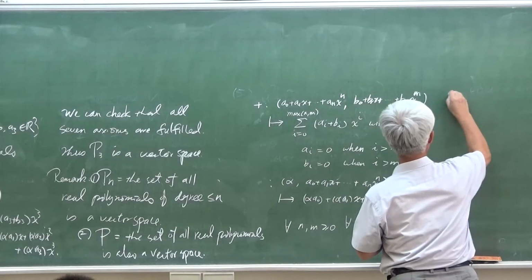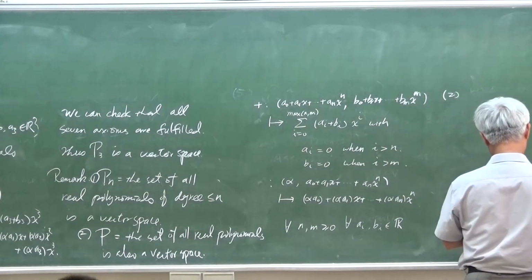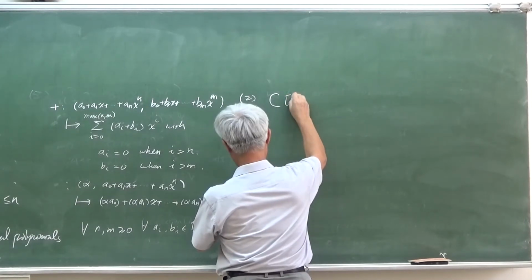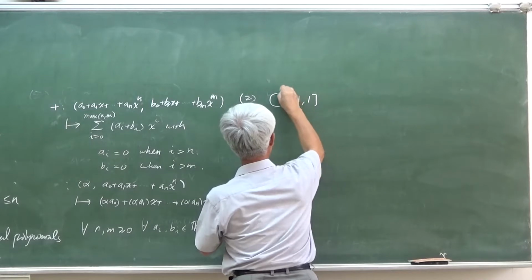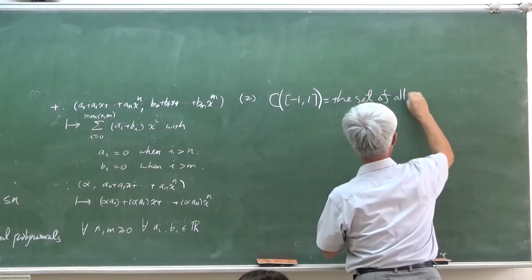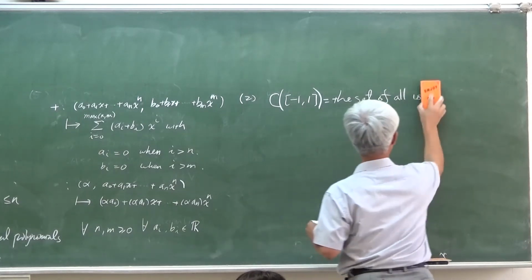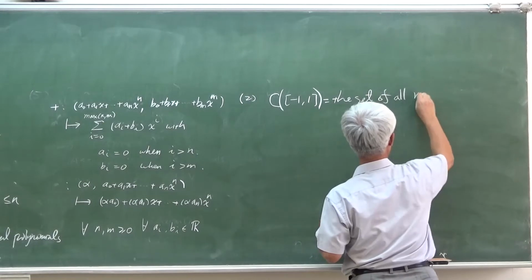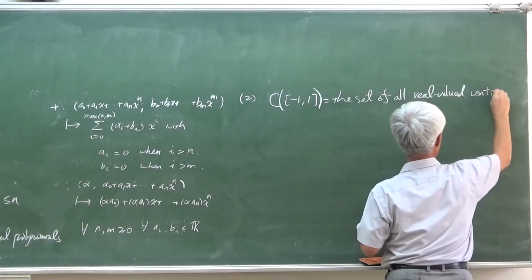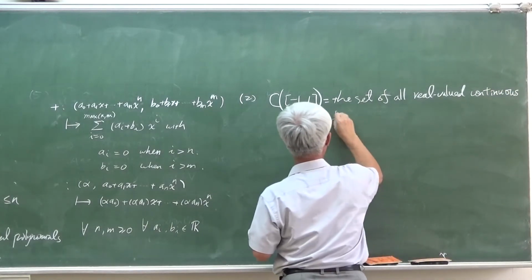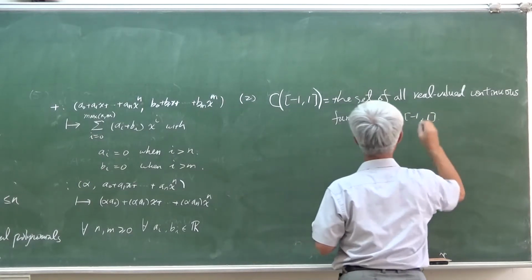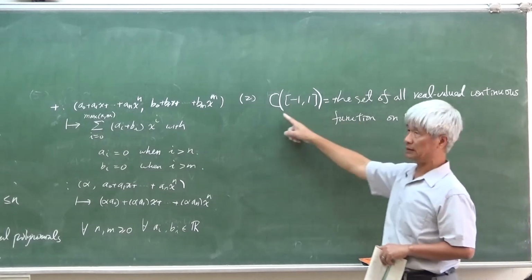All right, the second example is more interesting. We let C be the set of all real valued continuous functions defined on the closed interval. Okay, so C means continuity, right?